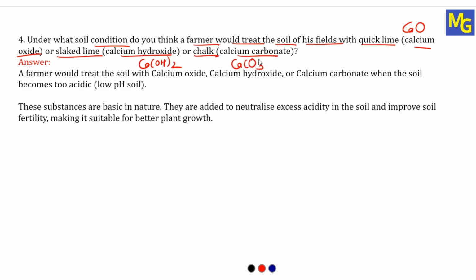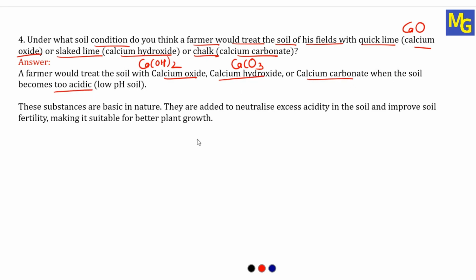So see the question, under what soil condition do you think a farmer would treat the soil of his field with quicklime or slaked lime or chalk? So the answer is, a farmer would treat the soil with calcium oxide, calcium hydroxide or calcium carbonate when the soil becomes too acidic.